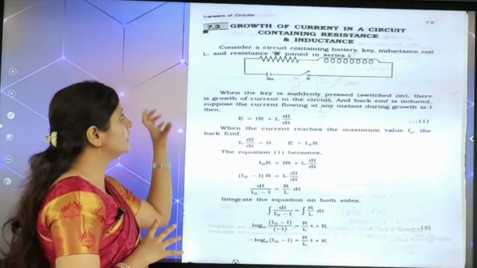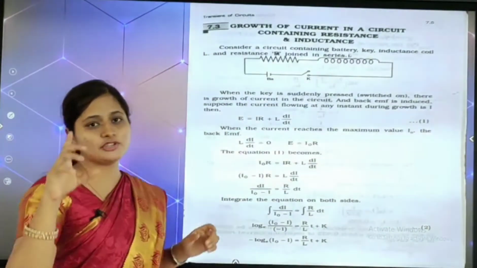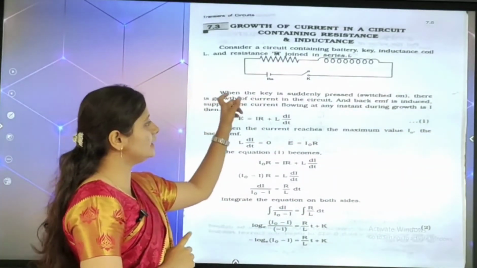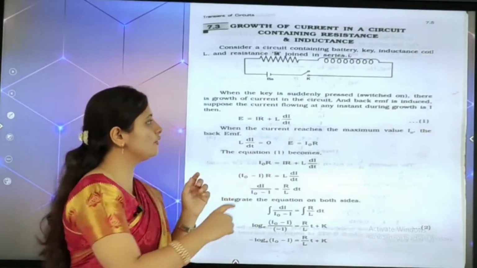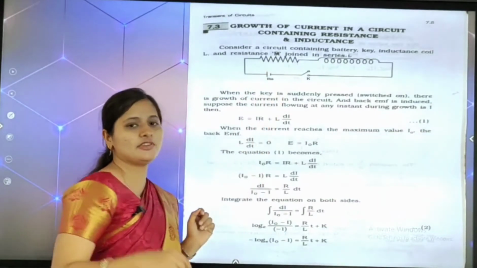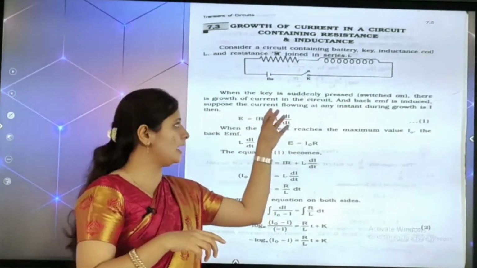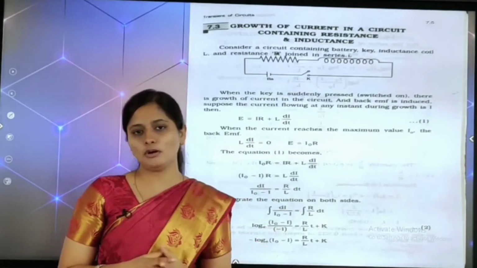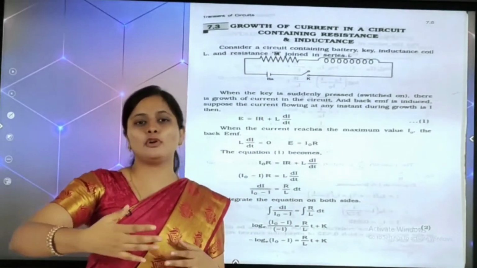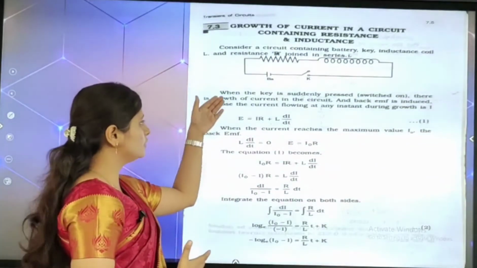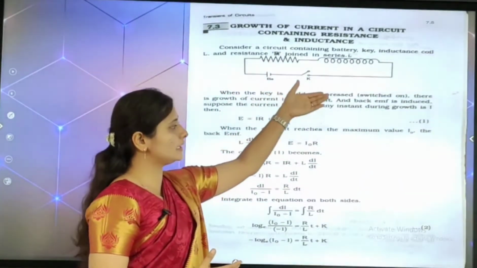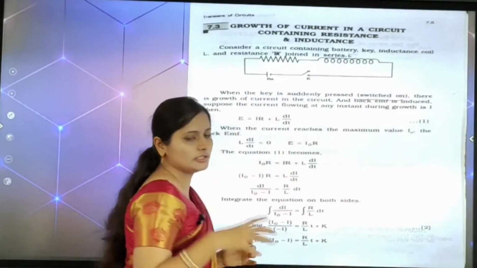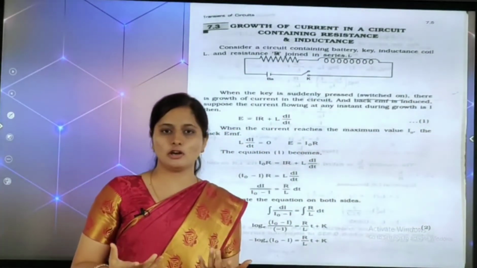Next here, growth of current means we should concentrate on the growth. So see here, when the key is suddenly pressed, we are keeping the key. After keeping the key, what happened? The current will be supplied to the whole circuit, the current will flow in the circuit. When the key is pressed, that means switched on, the circuit will get switched on.